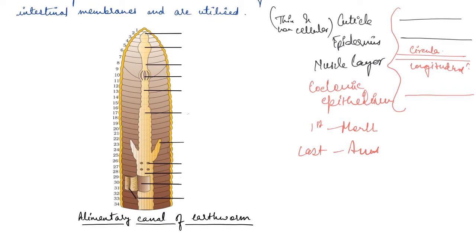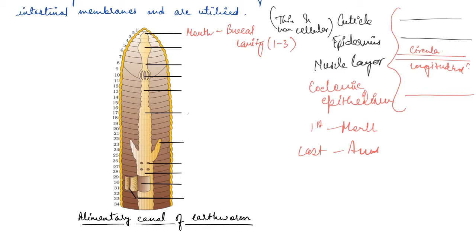Now if I show you the alimentary canal, it starts from the mouth. The mouth has a buccal cavity. Now this buccal cavity is from the first to the third segment.